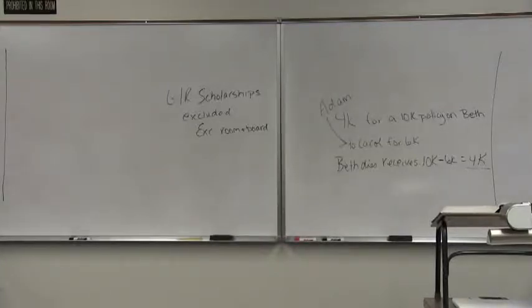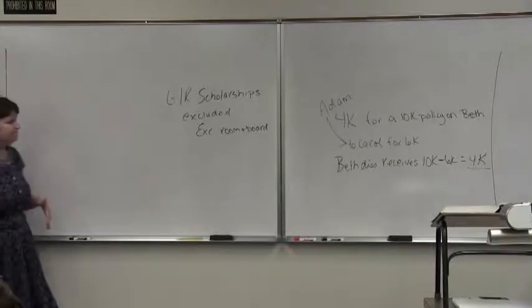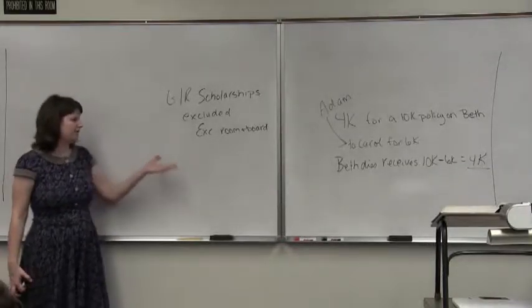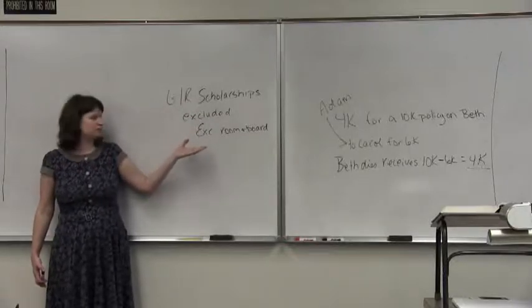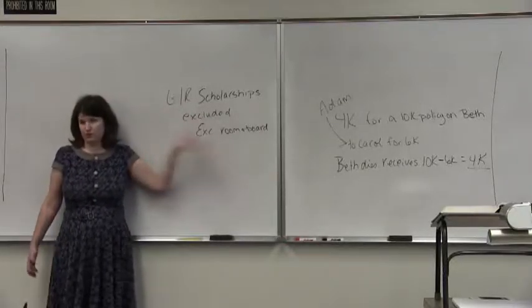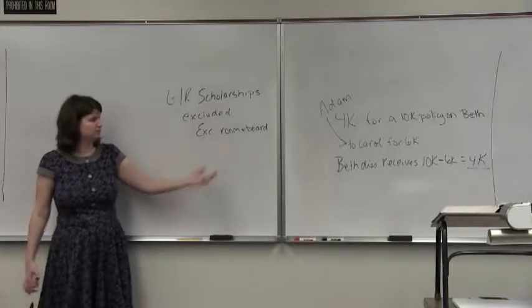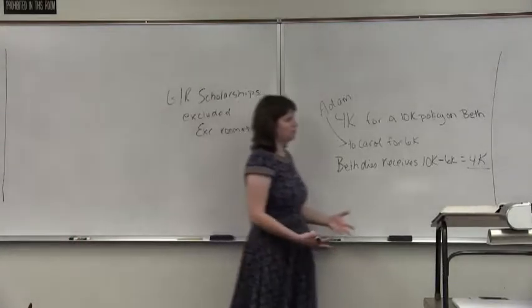If they waive the tuition for any reason, that's not considered a scholarship, it's just a waiver, but it is not included in income. Okay? So really the only thing we have that is included is room and board or just regular compensation, which isn't really a scholarship.